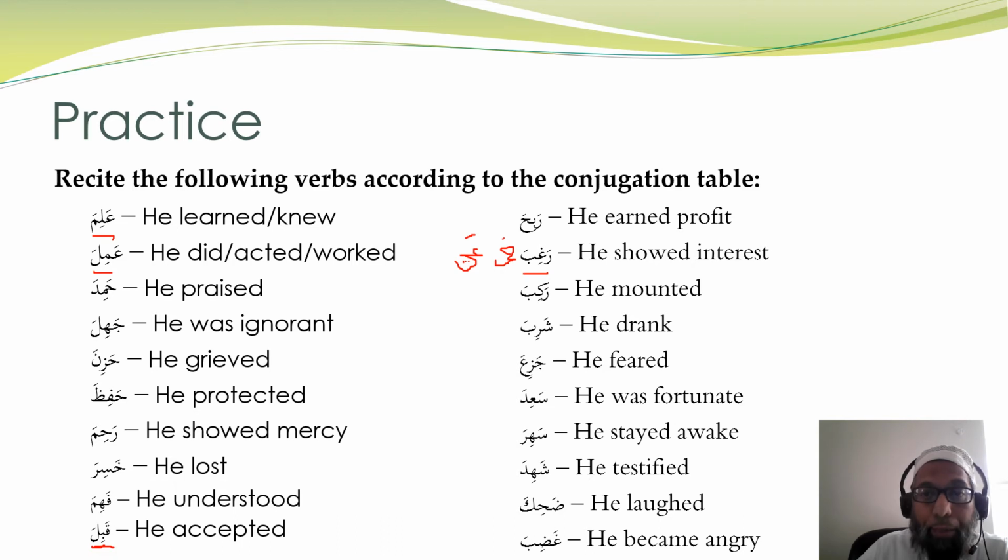Rakiba means he mounted. Rakiba, rakiba, rakibu, rakibat, rakibata, rakibna, rakibta, rakibtuma, rakibtum, rakibti, rakibtum, rakibtunna, rakibtu, rakibna. And then shariba means he drank. Jazia means he feared. Sometimes when you're startled with something, that's jazia, to be startled at something.